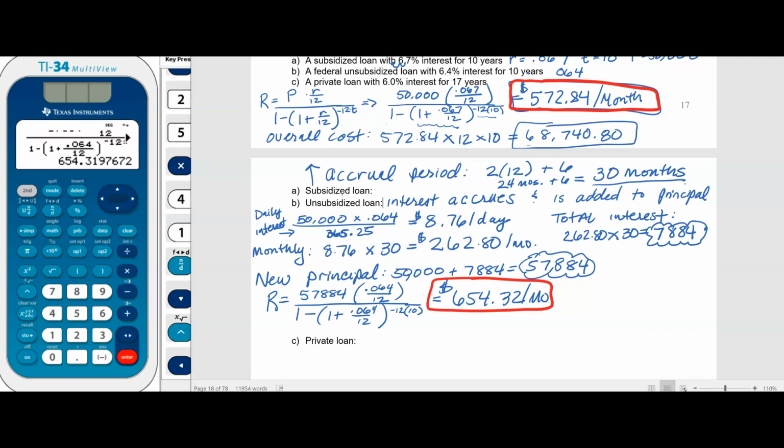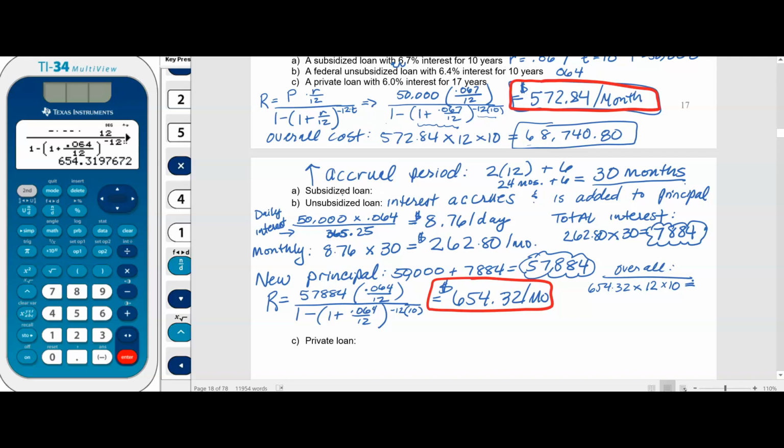So for the overall cost, we're going to take the monthly payment, $654.32, and we're going to multiply it by the number of months. So that's 120 payments. Let me write that out so it's more clear, 12 months in a year times 10 years. So 12 times 10, that's how I got the 120.